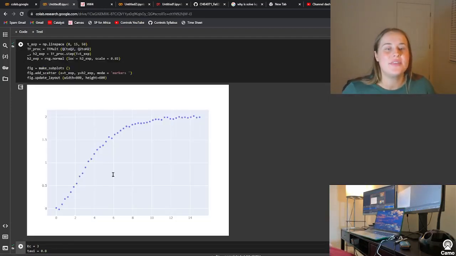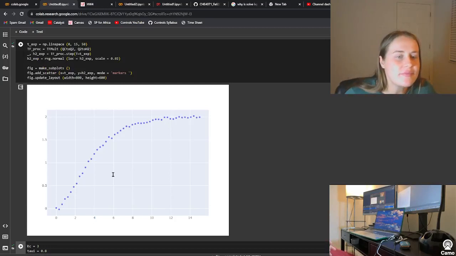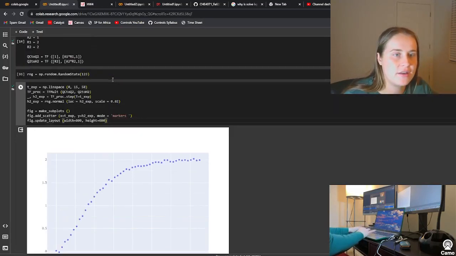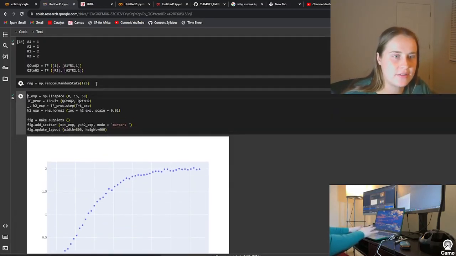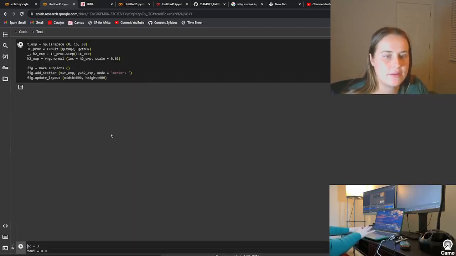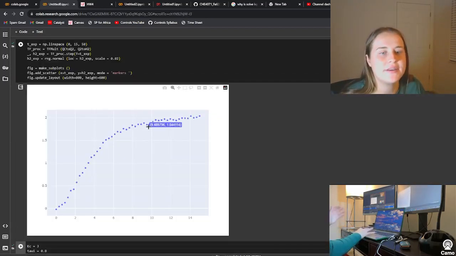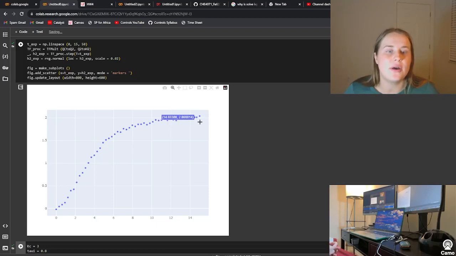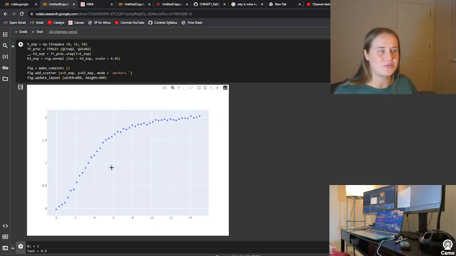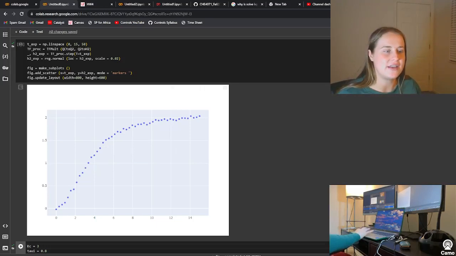Okay, so this just gives us more of an actual data set. And every time I rerun this, it'll give us a different one every time. So this just looks more like an actual data set, and that is D1.